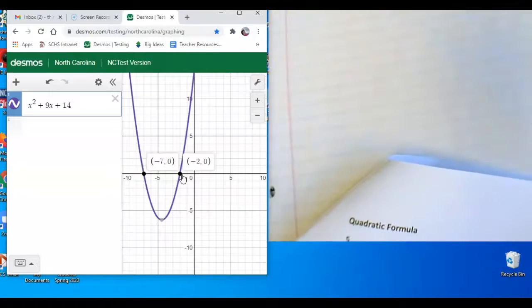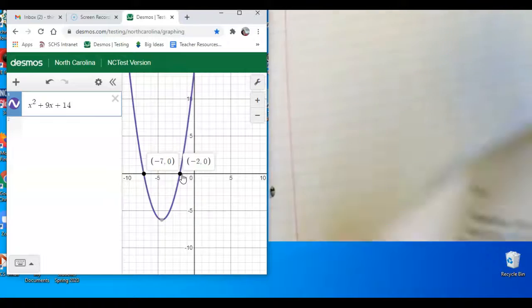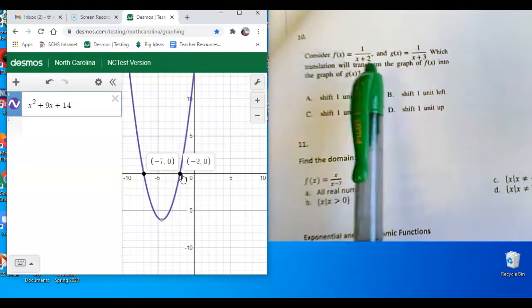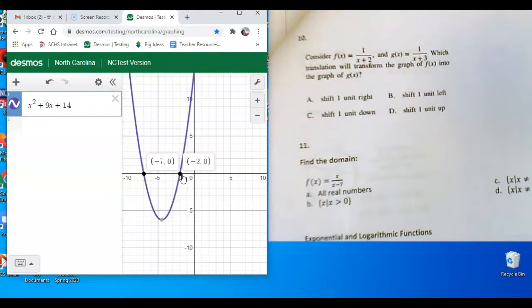All right. Our next question is asking us to look at two graphs and figure out what translation will transform the graph of F into G. So we're trying to move F and make it G. One thing we can do is graph it.